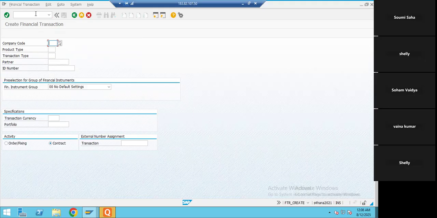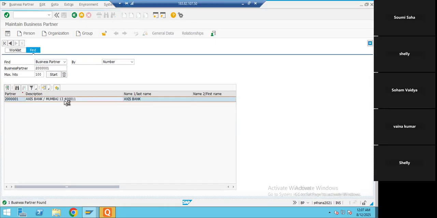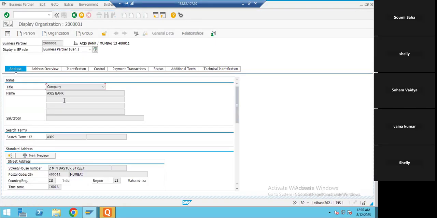Firstly, I want to see what BPs are available. What is a BP? Basically, a BP is your counterparty bank from which you will take the loan. I need to see which BPs are available here, and based on that, I will proceed. Now, a very important aspect: whenever you are taking a loan or creating a treasury deal, it is very, very important that a particular business partner is available in the counterparty role.